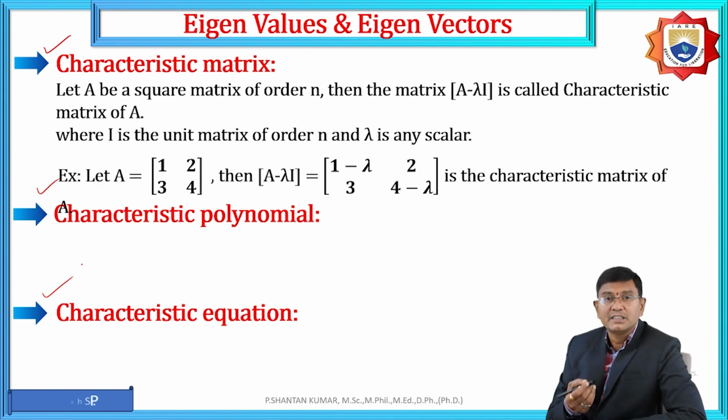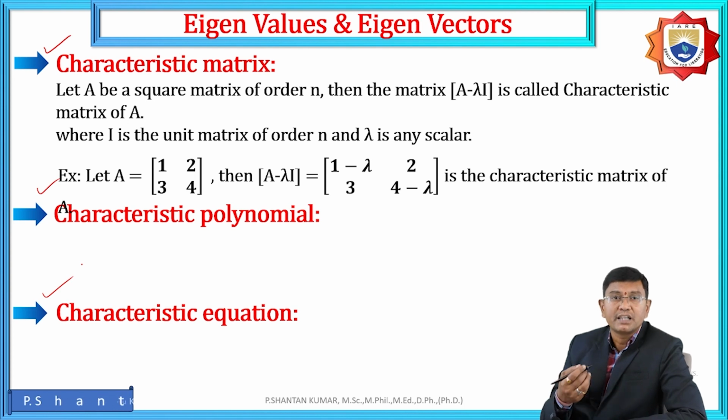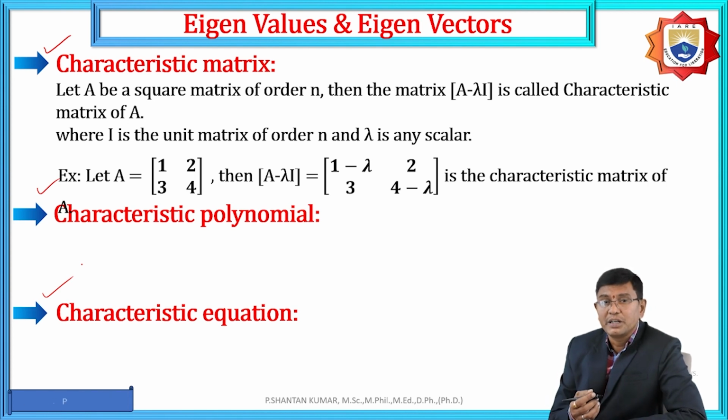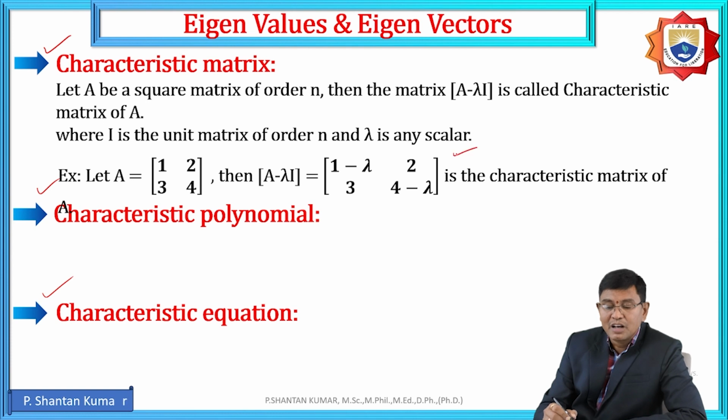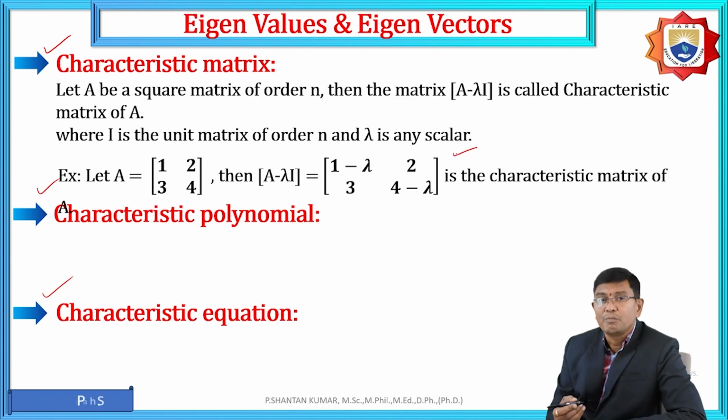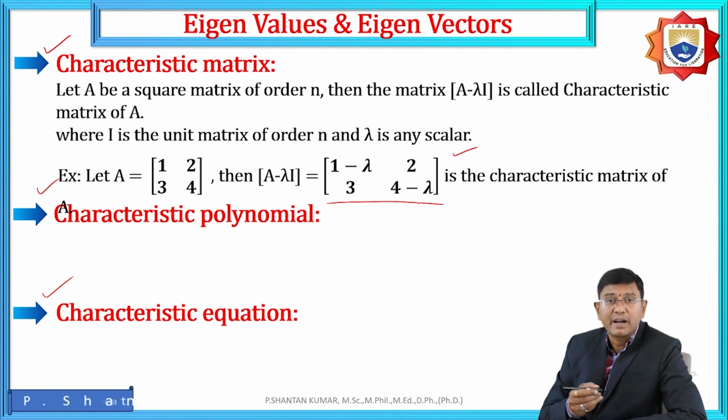Lambda is any scalar, and I is the identity matrix of order 2 by 2. Based on that, A minus lambda I gives the matrix 1 minus lambda, 2, 3, 4 minus lambda, which is called the characteristic matrix.